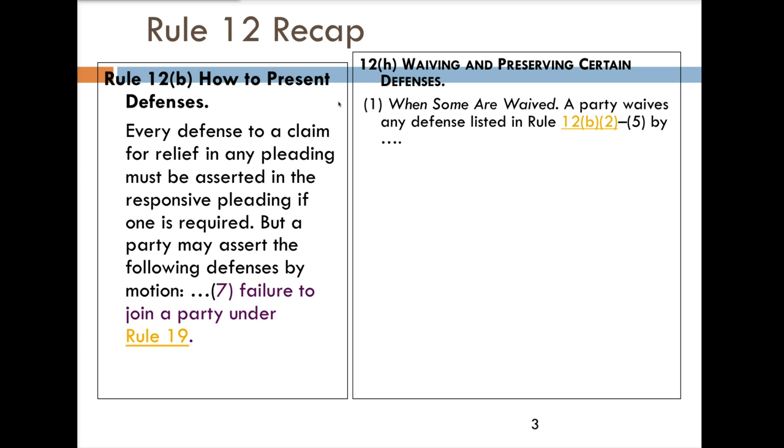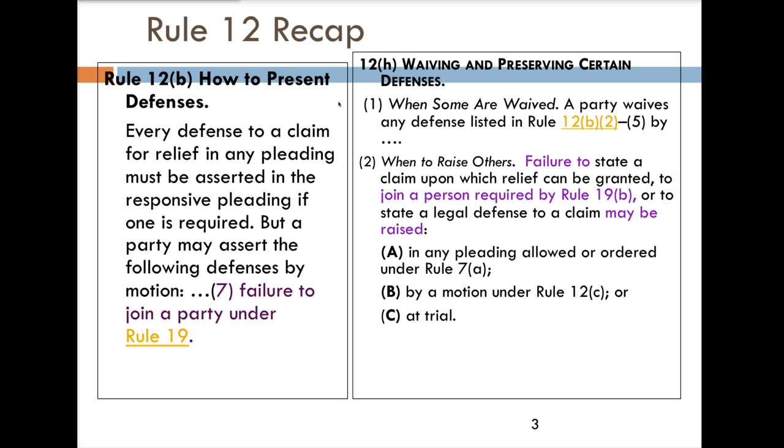On the other hand, Rule 12(b)(7), failure to join a Rule 19 party, falls under 12(h)(2), similar to failure to state a claim. What both of these defenses have in common, in addition to that they're not waived, is that they're separated because, one, you cannot waive them. It just changes when you can raise them.